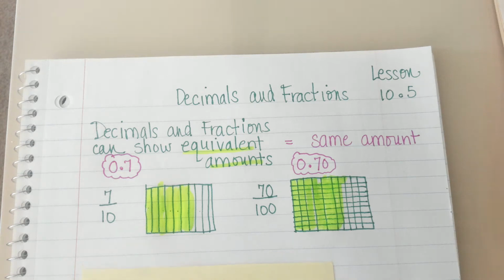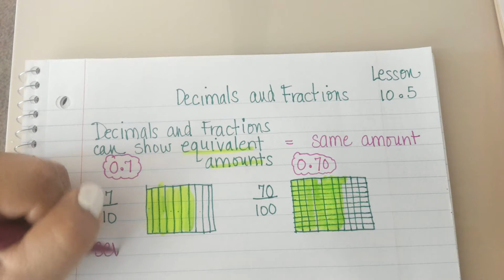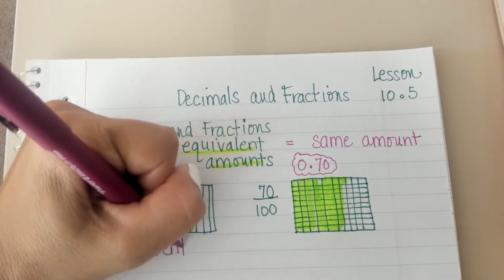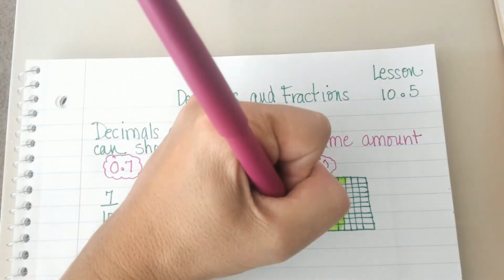And then the word form is 7/10 and 70 hundredths. It doesn't matter what you call it. They are the same.